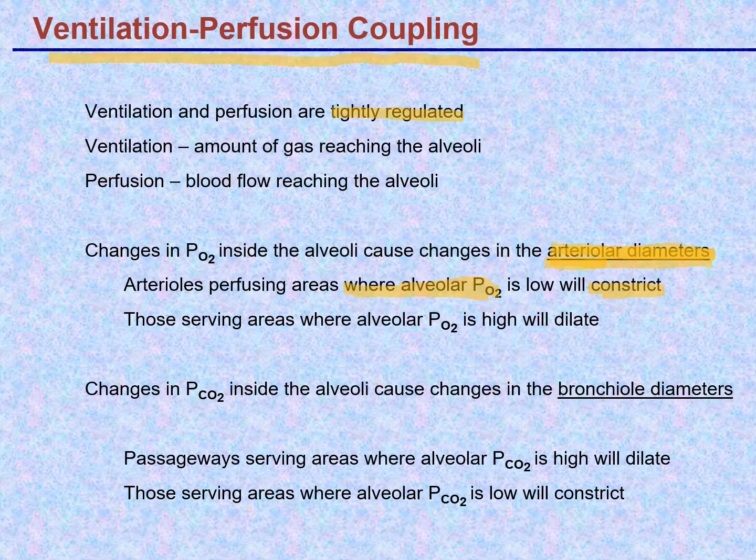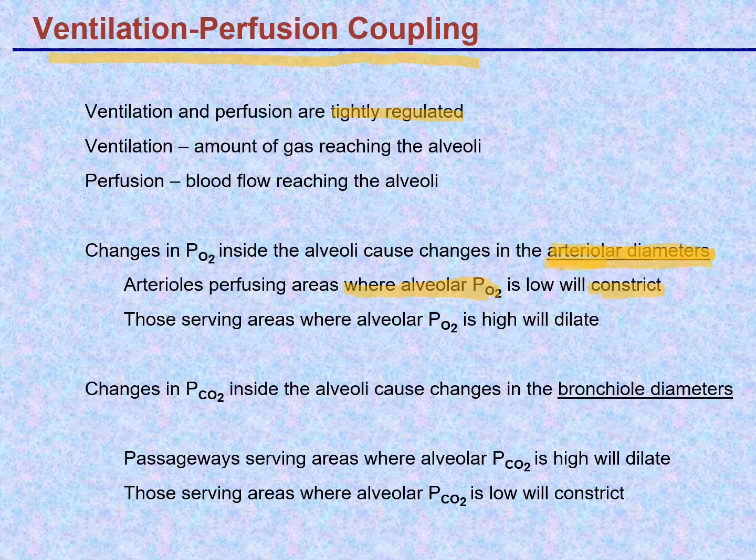There will be less blood being delivered to alveolar areas that, remember, you have many alveoli throughout your lungs. If you have an area where PO2 is lower in alveolar space because ventilation into that area is less or inhibited for whatever reason, maybe you have mucus buildup or some inflammatory process, then the arterioles that feed the blood into that area will constrict and send less blood there.